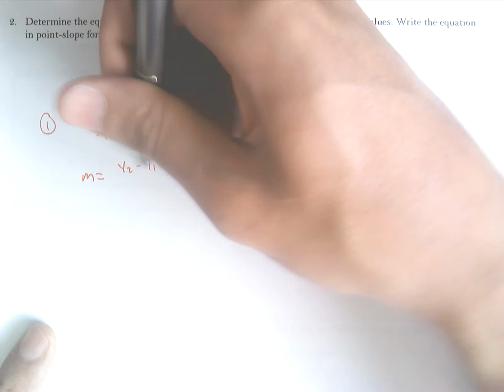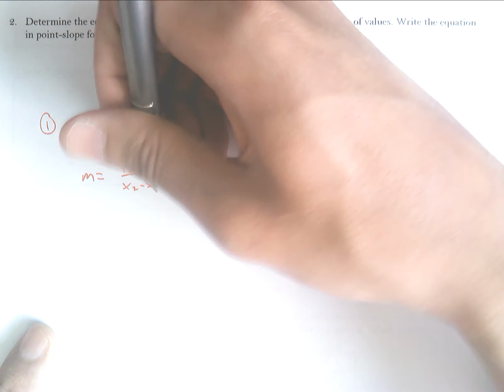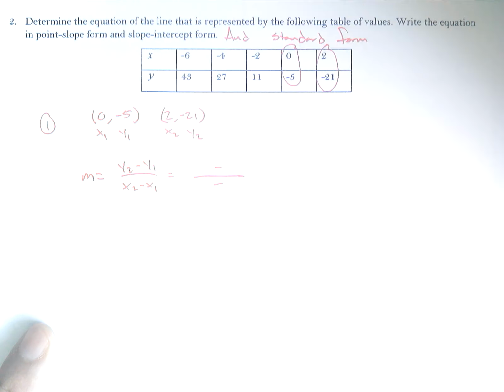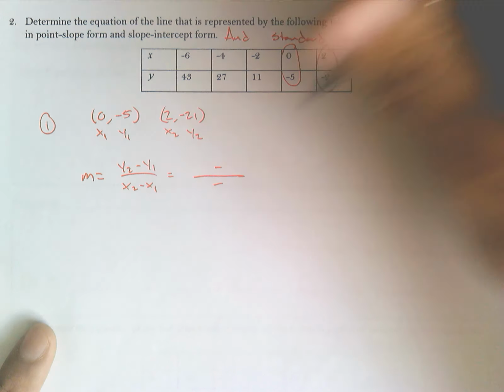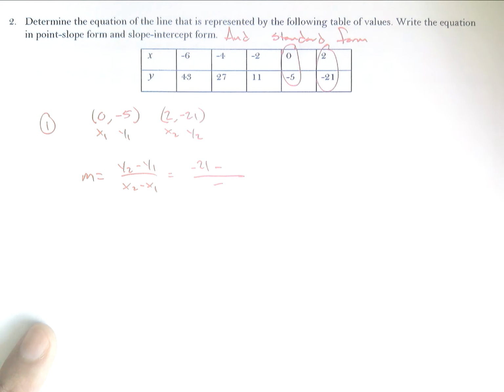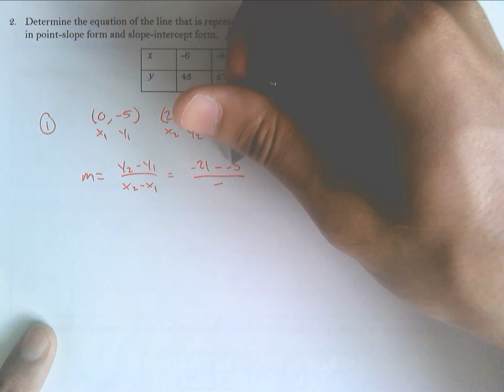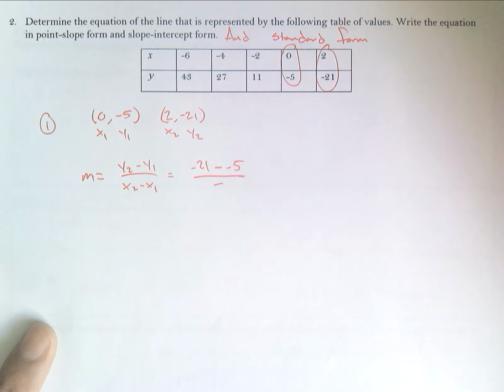So we have m equals y2 minus y1 over x2 minus x1. So plugging it in, I'll draw our fraction bar and subtraction. y2 is -21. y1 is -5. x2 is 2. And x1 is 0.